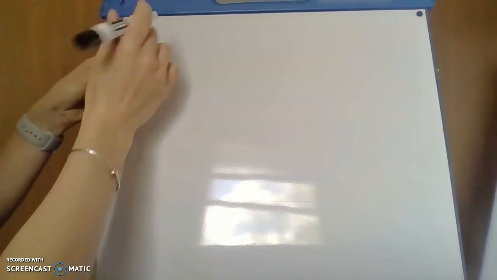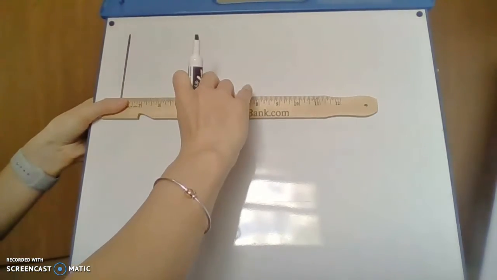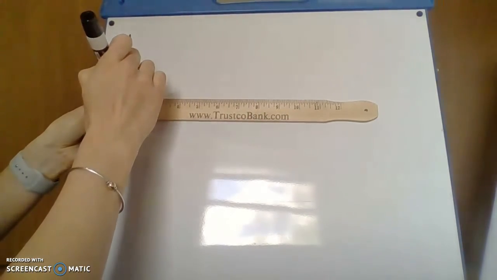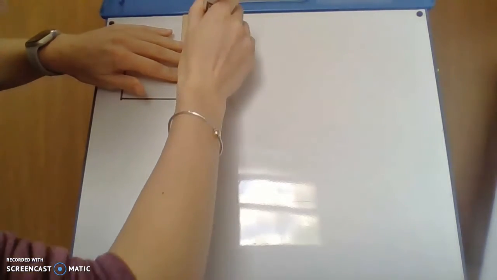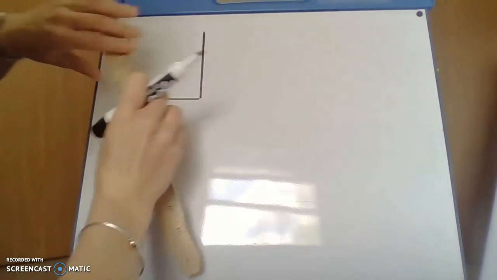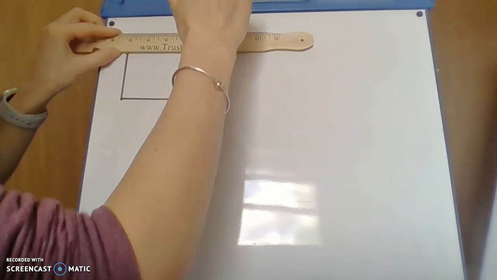Miss Hildebrand needs to use her ruler. Or it's there to help me. Remember, you could use your folder, a piece of paper if you don't have a ruler. Pretty good. Okay.